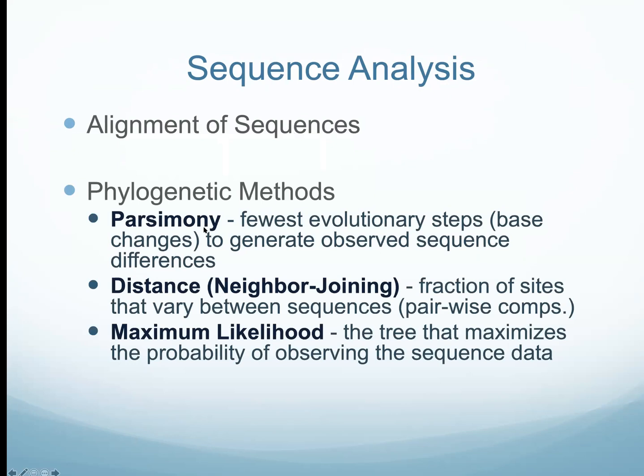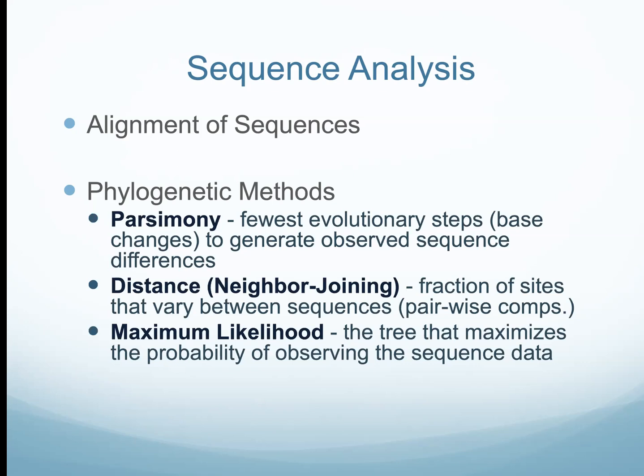And so it turns out that the model of evolution that you use matters, and that's what these are. Parsimony is one method, which basically says we want to figure out the fewest number of changes we need to make in the data set to account for all the differences we see in those nucleotide changes. That's one model of evolution. Neighbor joining is another model. Maximum likelihood is a probability-based model.